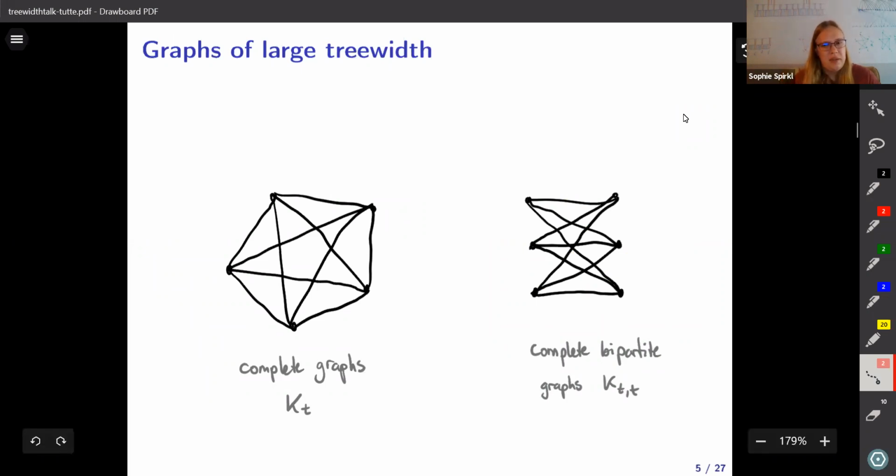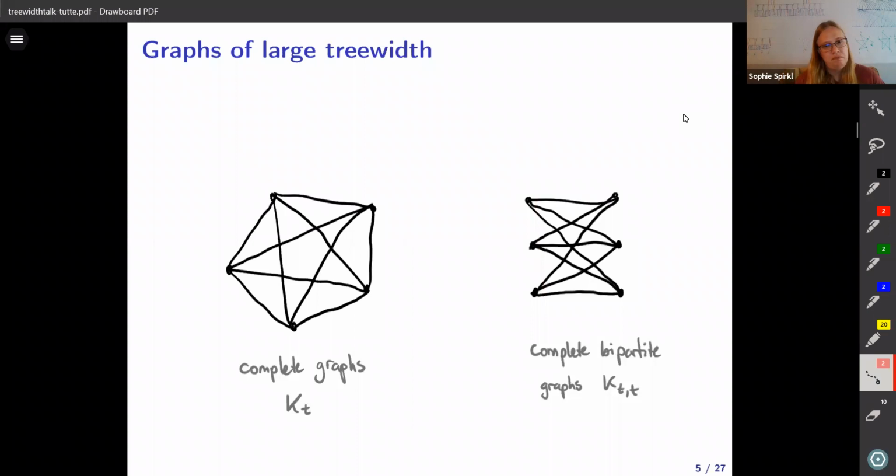And also complete bipartite graphs, which just means two vertex sets and all edges between them. And again, these four things, subdivided walls, their line graphs, complete graphs, and complete bipartite graphs, none of them contains a meaningfully big copy of any of the others. So all four of these are things that cause large tree width that are different from each other, and none of them can be omitted as an answer.